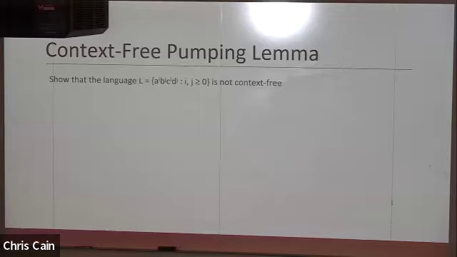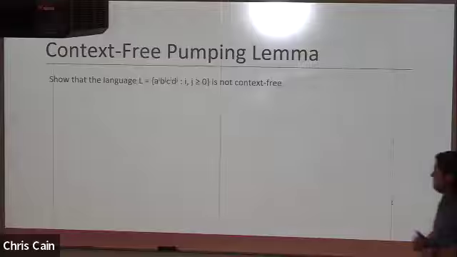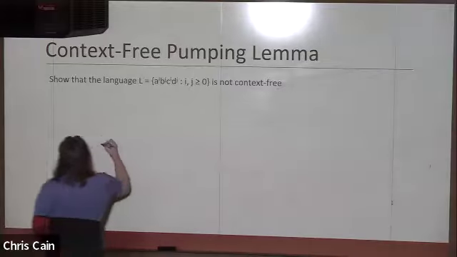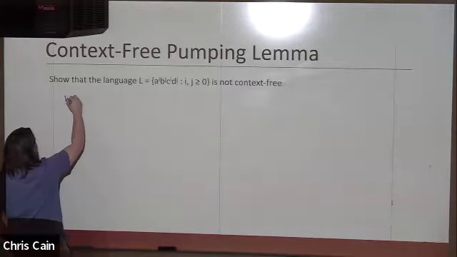So if you choose W equals A to them, B to them, C to them, D to them, that's an element of L, so you're fine. Let's write that out.